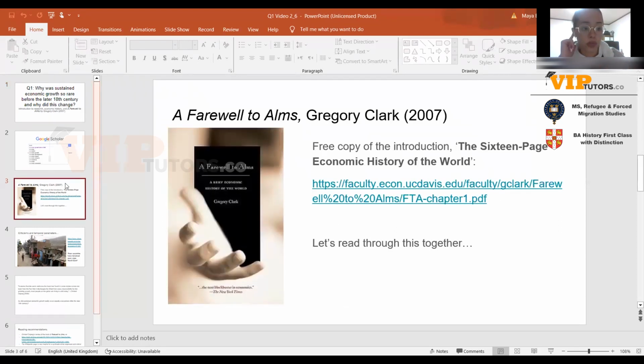So, all that being said, let's get to the most interesting part of today, which is this book, A Farewell to Alms by Gregory Clark.